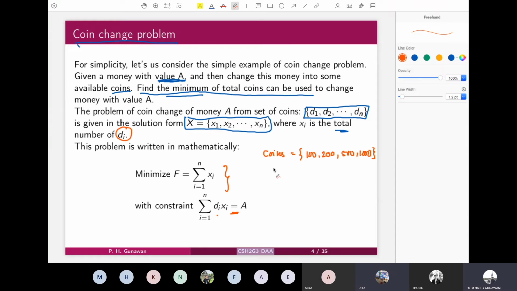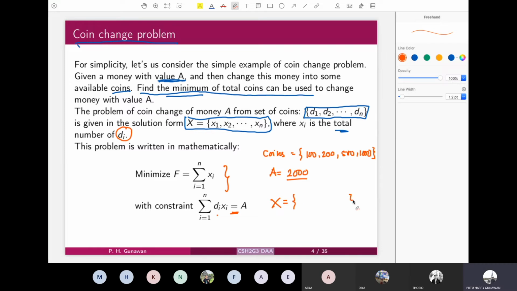Maybe you also have 2000 rupiah. You have a 2000 rupiah coin, and then you have a solution X. What's the solution X?